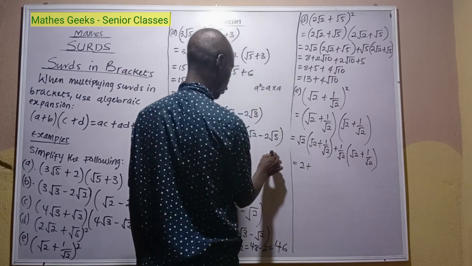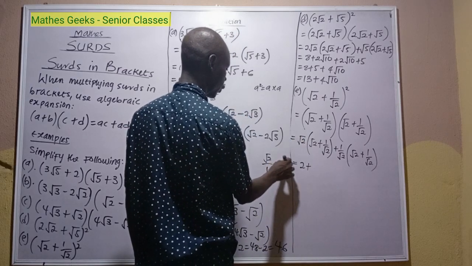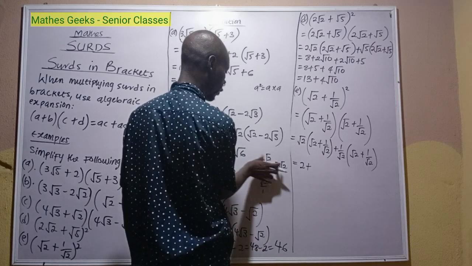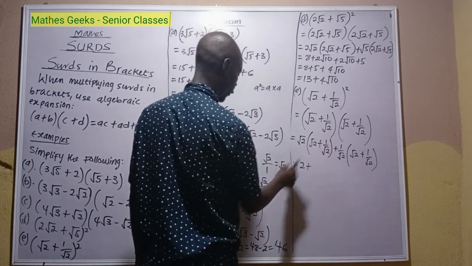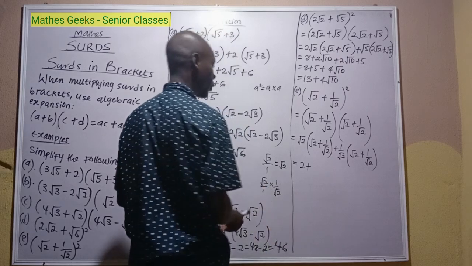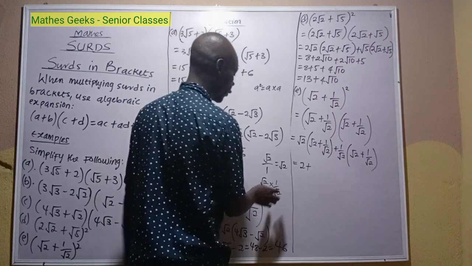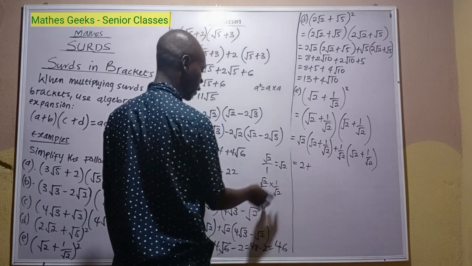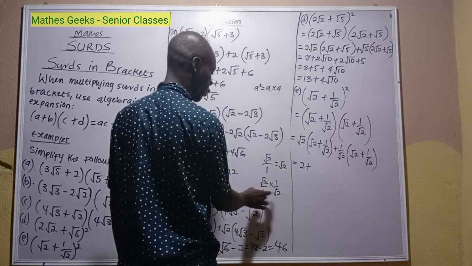You assume that root 2 is equal to root 2 over 1. Then multiply it by 1 over root 2. From our rule of multiplication of fractions, the numerator multiplies the numerator, and the denominator multiplies the denominator.